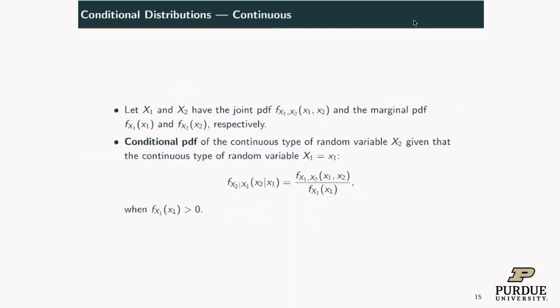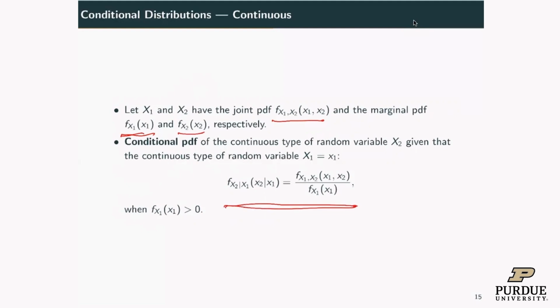For the continuous case, it's more involved. Now x1 and x2 have a joint PDF. We also have the marginal PDFs for x1 and x2. The conditional PDF of x2 given x1 equal to little x1 is given by this formula. That means we know x1 is little x1. Now I would like to know what's the distribution of x2.